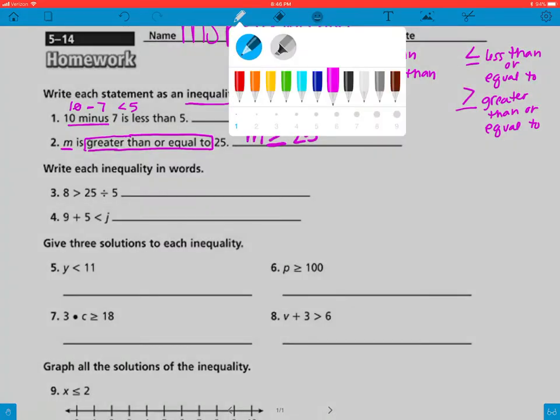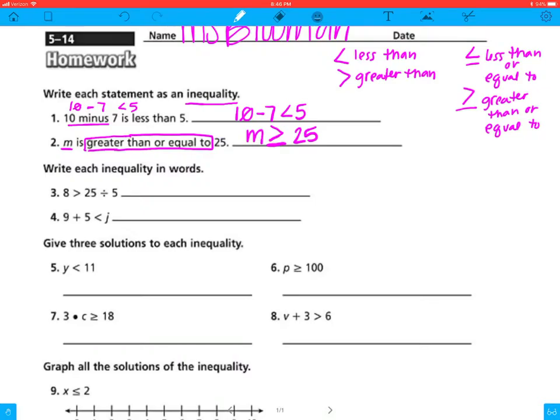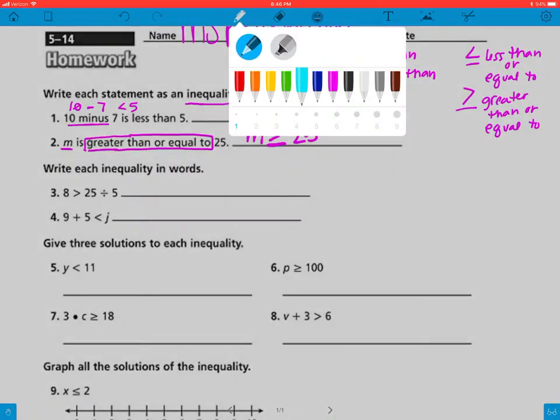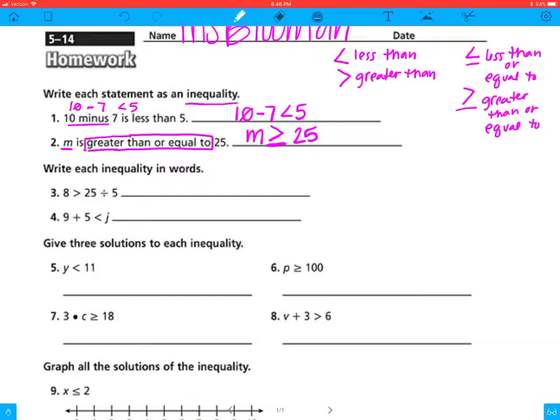Sometimes it's cool to be able to check it when you have just numbers, not necessarily variables with what they stand for. So we're going to do the opposite of what we did in 1 and 2 and write the inequality in words. So 8, and I could look over at my 4 options, and that symbol is the greater than symbol.